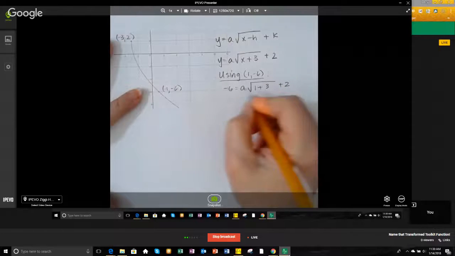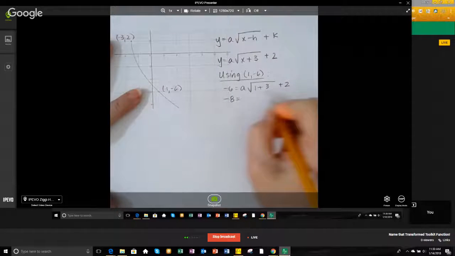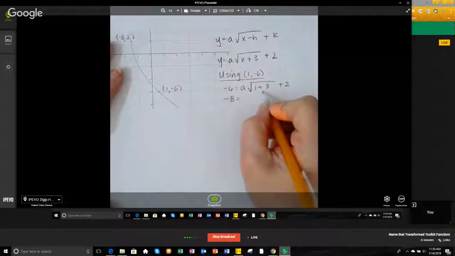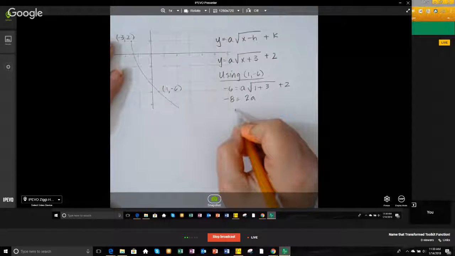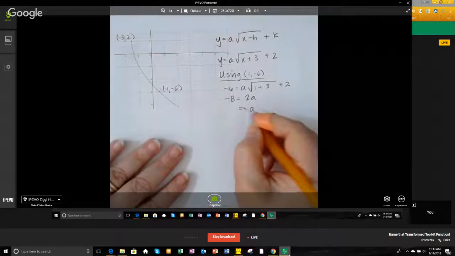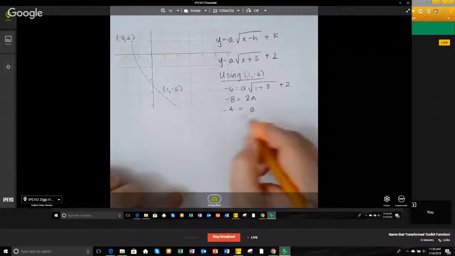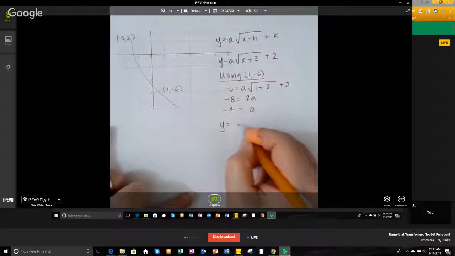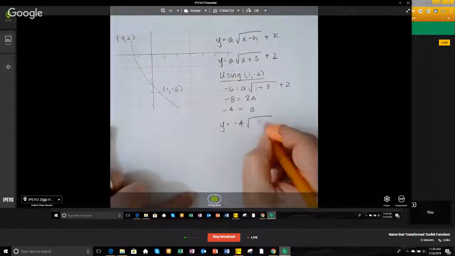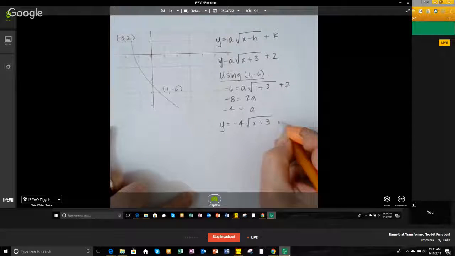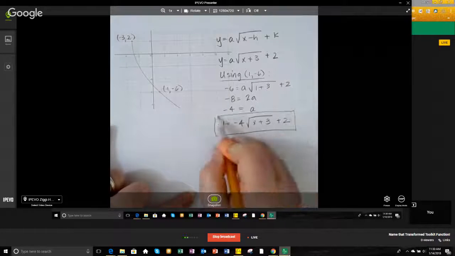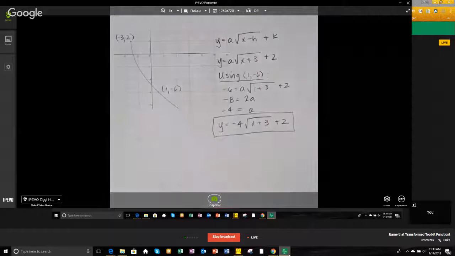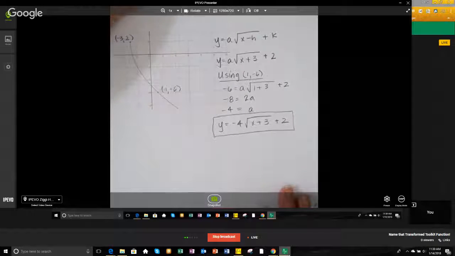So I'm going to move the 2 over and get -8 equals the square root of 4, which is going to be 2a. A equals -4. So we can say our equation is y equals -4 times the square root of x plus 3 plus 2. And there we have written an equation for our transformed toolkit function of the square root of x.